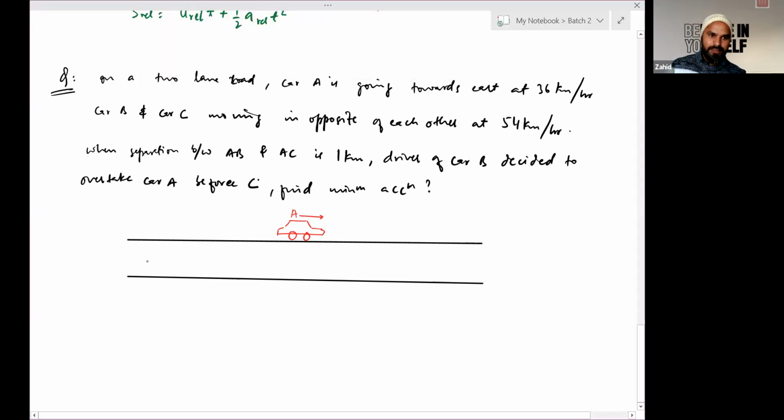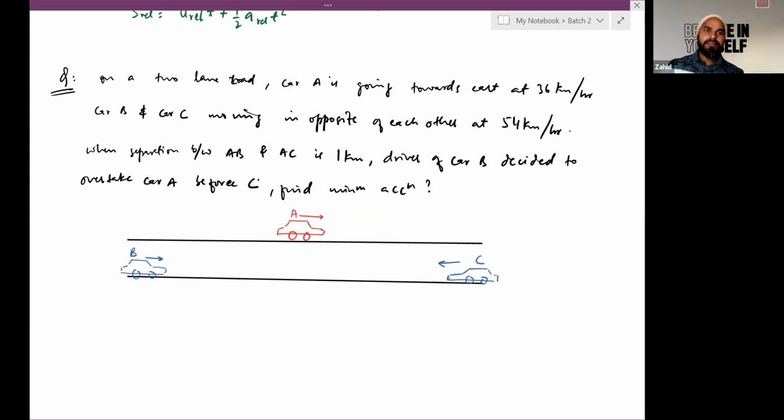Let's say at this point, car B moving along this direction, and at this point, car C in this direction, moving at 54 km per hour respectively.